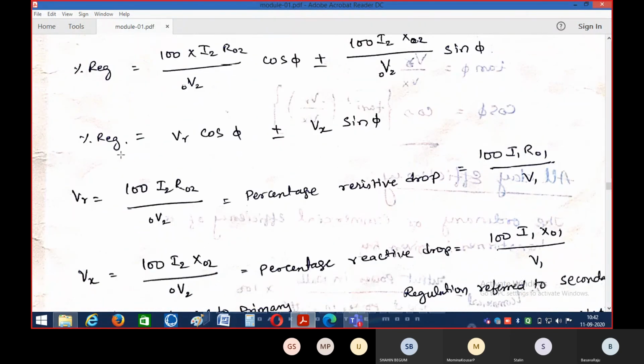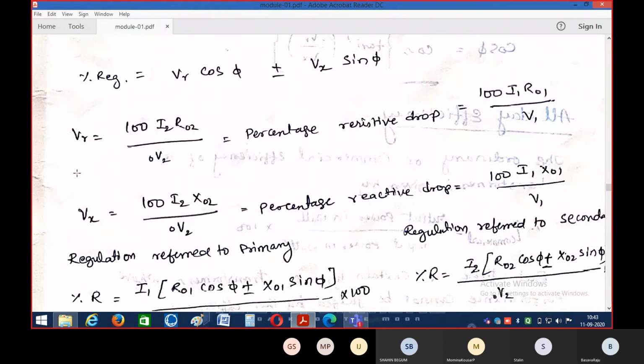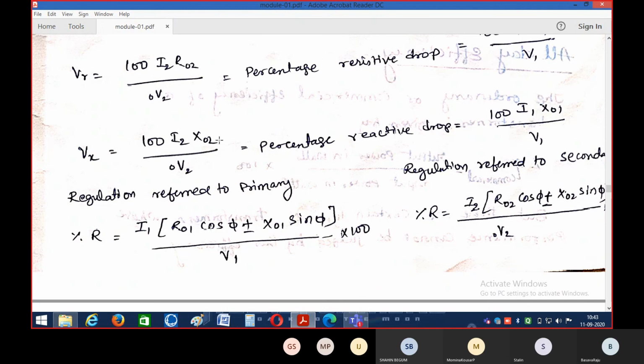So percentage voltage regulation can simply be represented as VR cos phi plus or minus VX sin phi, where VR is nothing but the percentage resistive drop. This total term I2 R02 into 100 divided by V20 is called the percentage resistive voltage drop. And similarly I2 X02 divided by V20 into 100 is nothing but the percentage reactive drop, which is represented with VX.